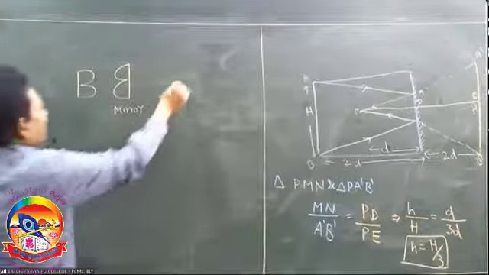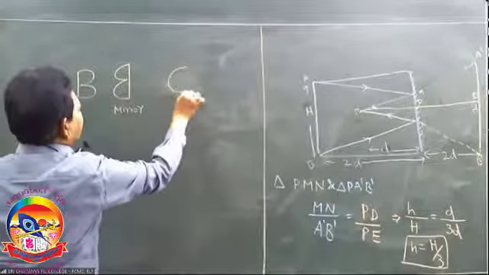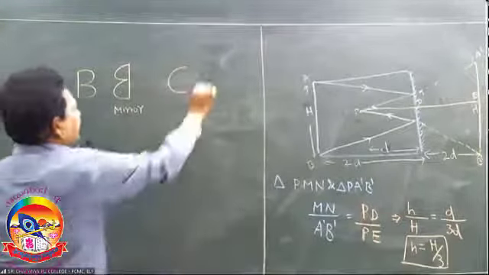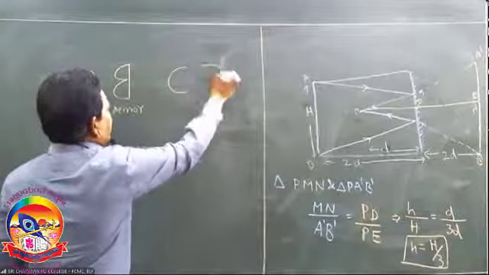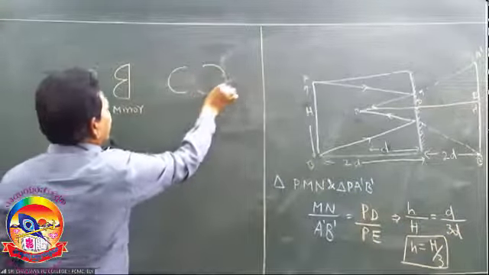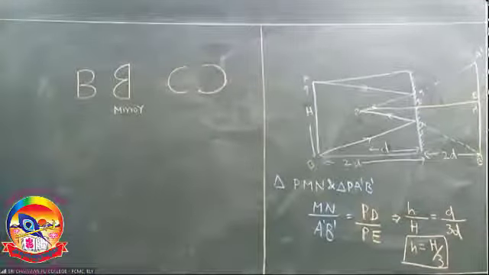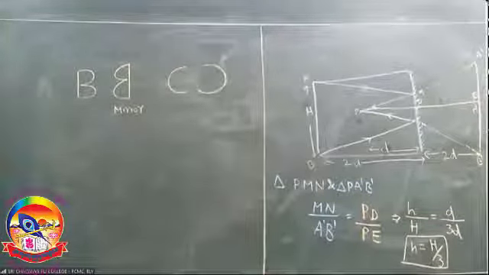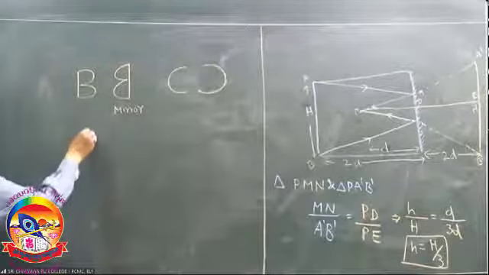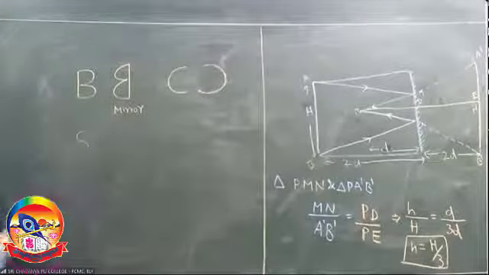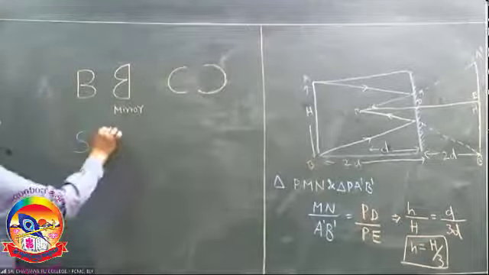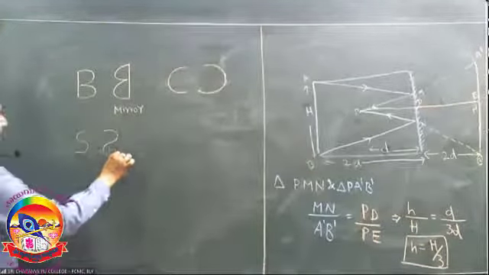Similarly, if I take the letter C and see it in the mirror, it appears like this. This is called lateral inversion. If we see the letter S inside the mirror, it appears like this.